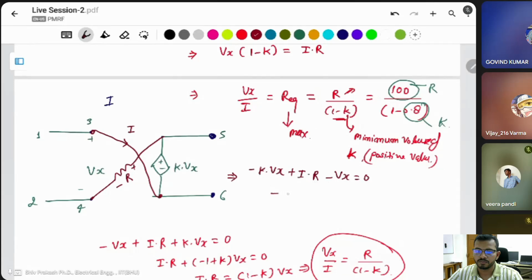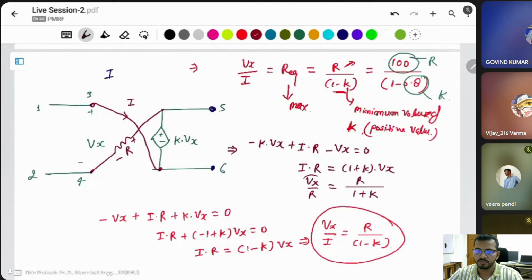Minus is common, 1 plus k is there, is equal to I into R, sorry, this is a Vx. I into R is equal to 1 plus k into Vx, then Vx by R is equal to R divided by 1 plus k.